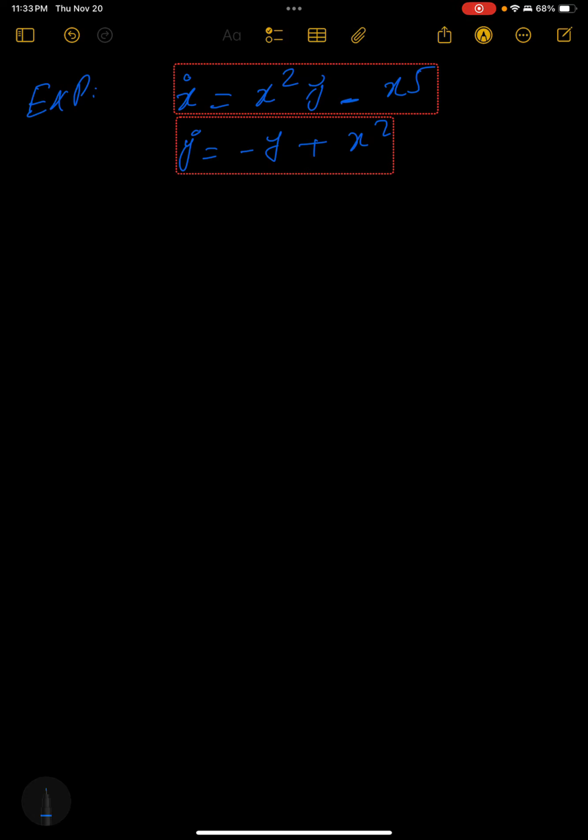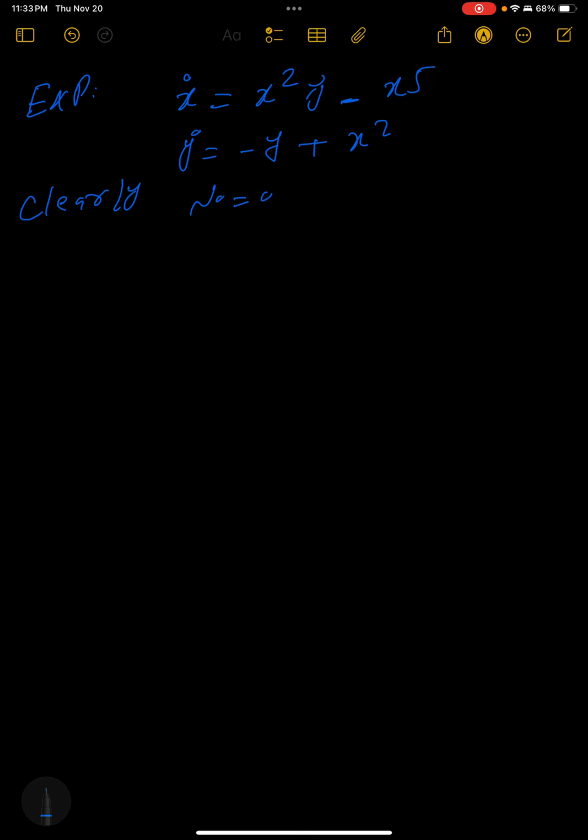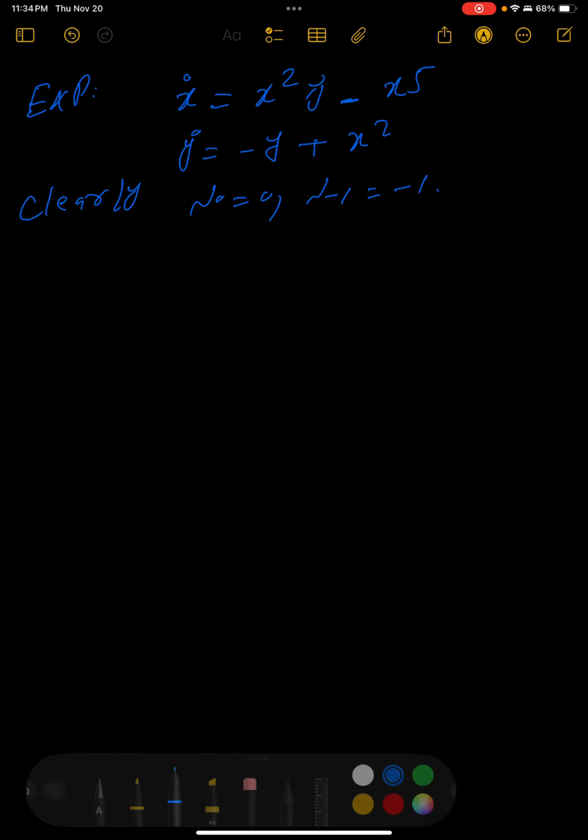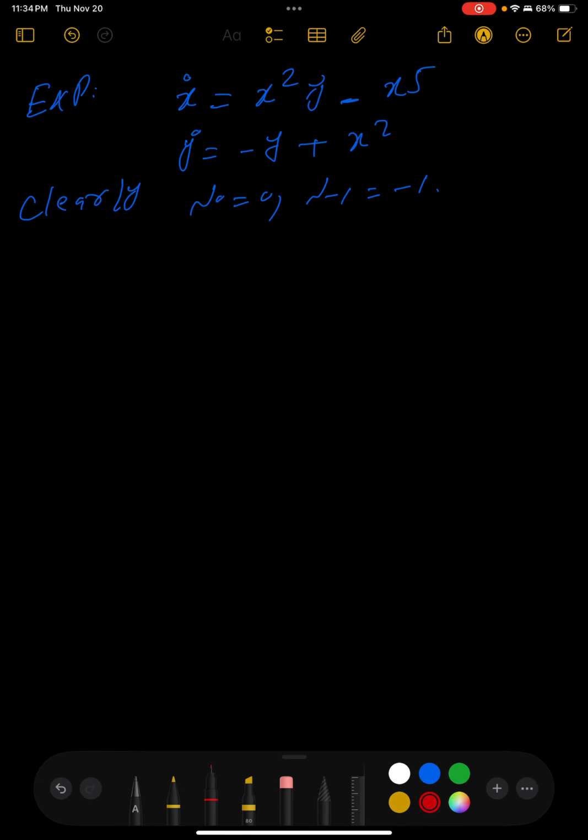So now clearly lambda naught is actually 0, lambda is minus 1, so we cannot determine the stability. So the first thing is, we need to look at the system. Is the linear part of the system uncoupled or coupled? Clearly in this case the linear part is uncoupled.